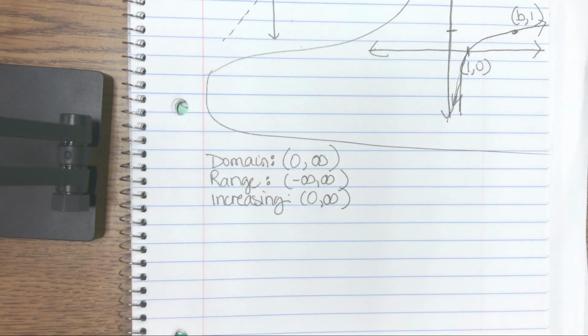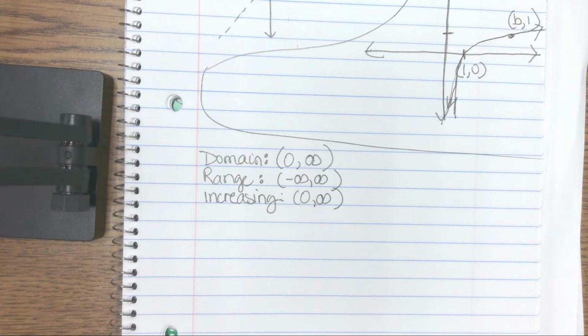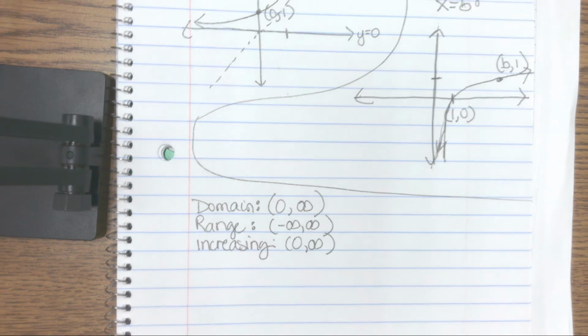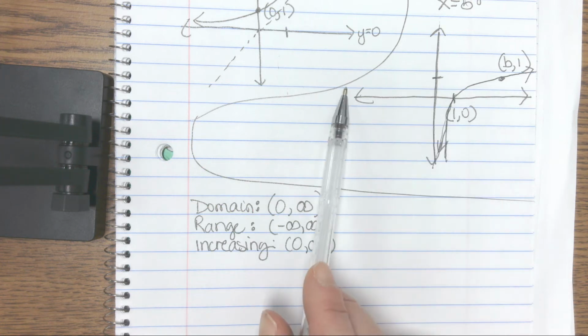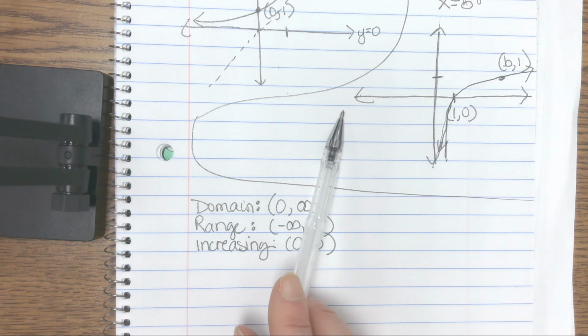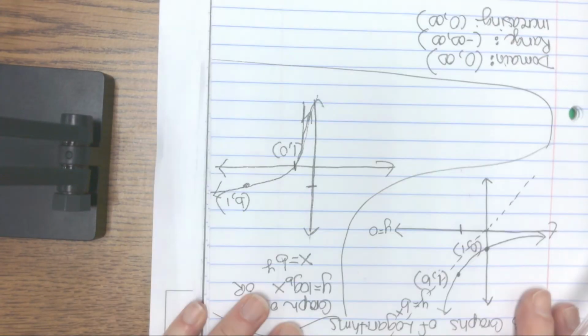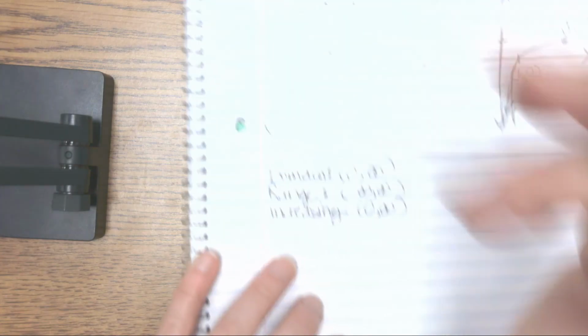Does it look like it has any symmetry to you? By symmetry, I mean even or odd, or neither. Does it look like if you flipped it over the y-axis, it's the same? No. Does it look like if you rotated 180 degrees, it's the same? You can even do that. No. So this does not have any symmetry.